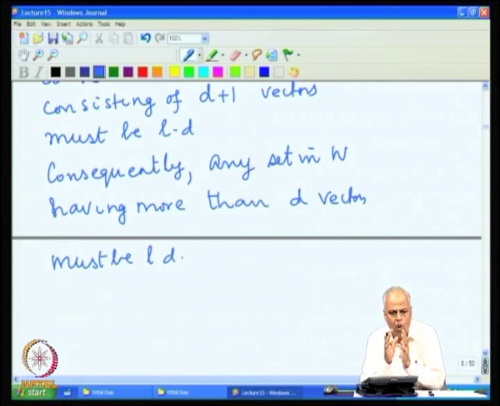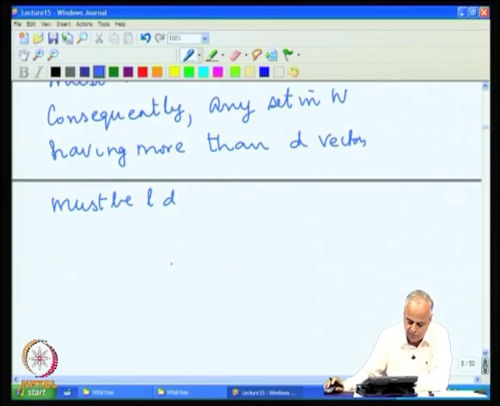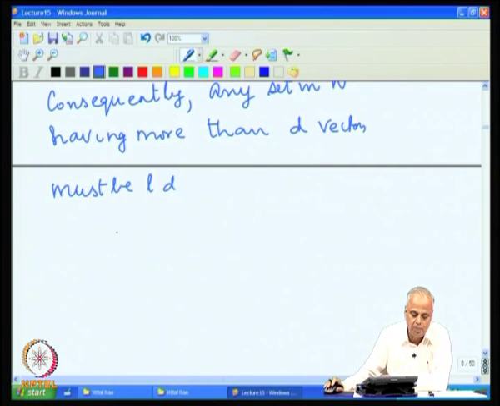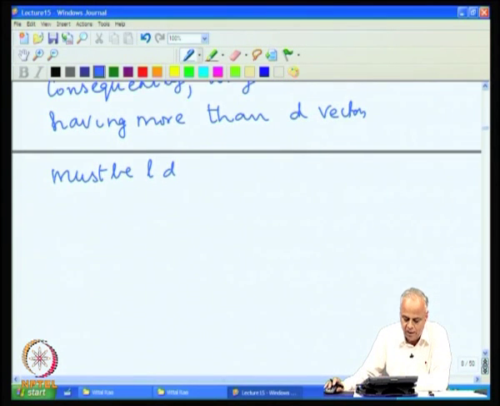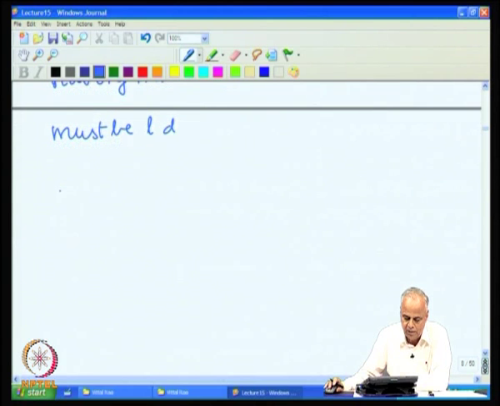So, if you have one basis which has d vectors, then anything which is bigger in size than this must be linearly dependent. That is the first important property of finite dimensional spaces that we look at.